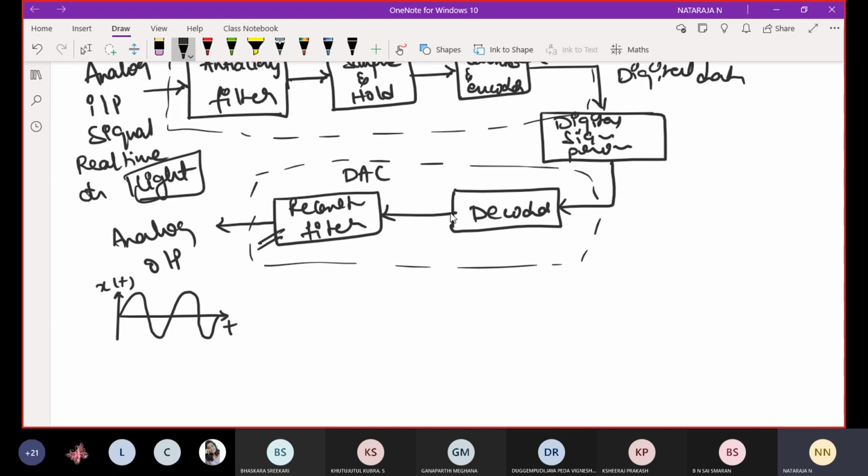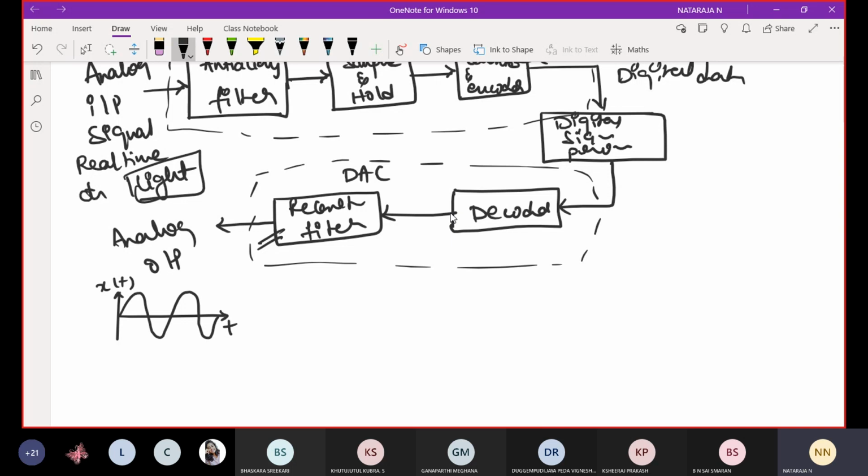And even that signal is not strong, it will be a weak signal. So here I am going to take a filter. Anti-aliasing means we are going to boost the signal, like an amplifier, and we are going to filter out all the noise by making use of this filter.